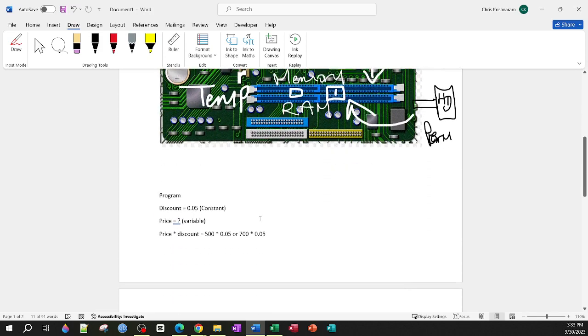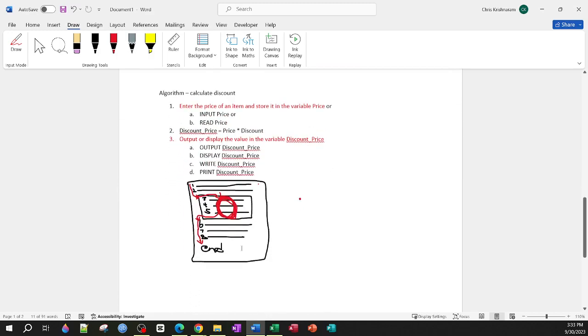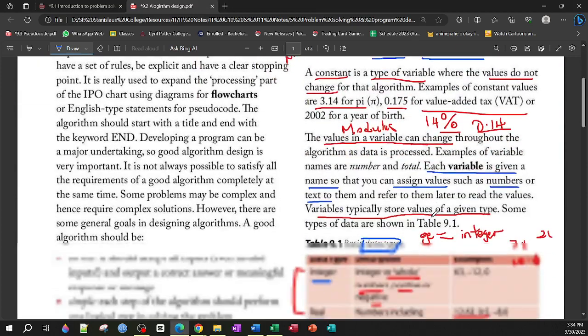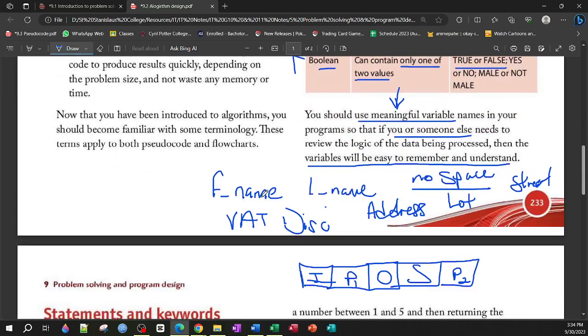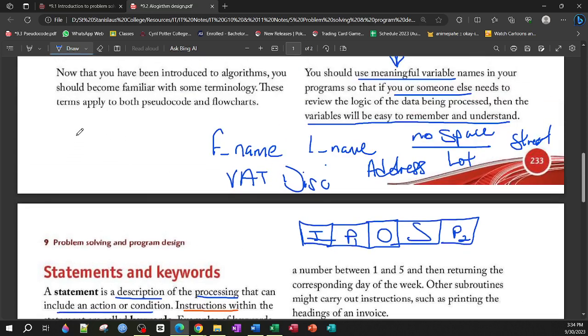Then we looked at how to use a variable, how to use a constant, how to use the various keywords, and what a loop is. We looked at the difference between a variable and a constant, the different data types, and how to name a variable: the three rules are no space, a meaningful name, and not too lengthy but not too short at the same time. Also, a variable should never start with a number. So that's your fourth rule.